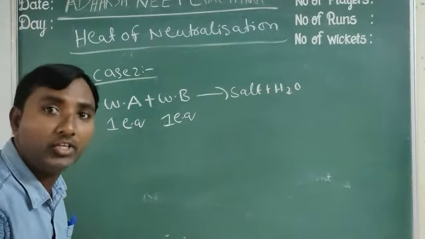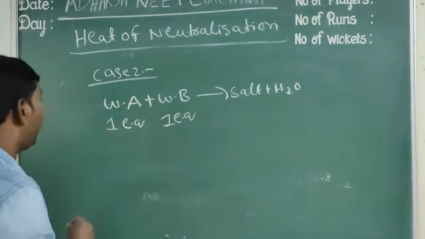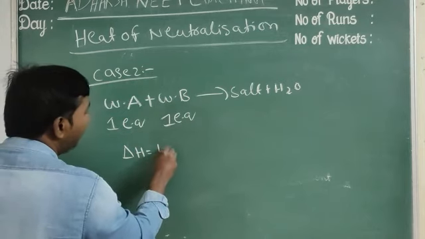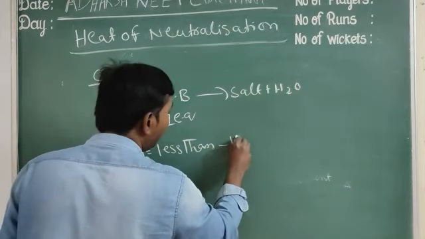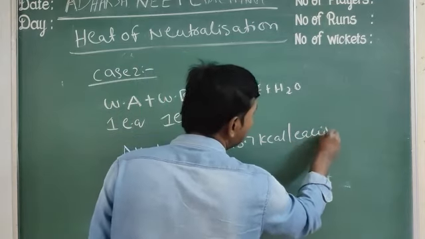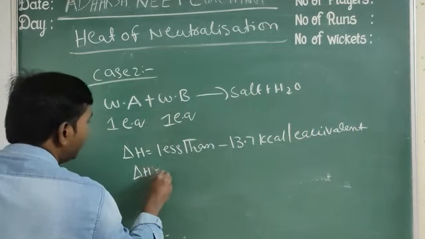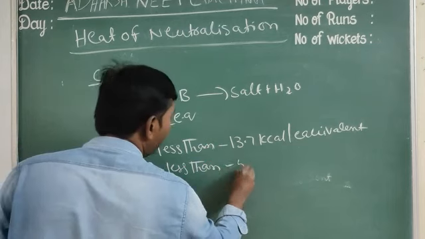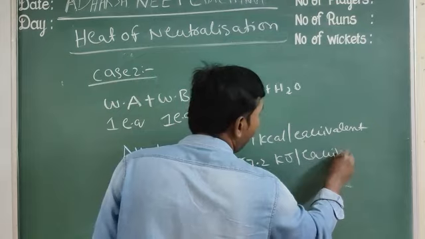How much heat energy is released? So here also there is a constant value, that is del H less than minus 13.7 kilocalories per equivalent, then del H less than minus 57.2 kilojoules per equivalent.